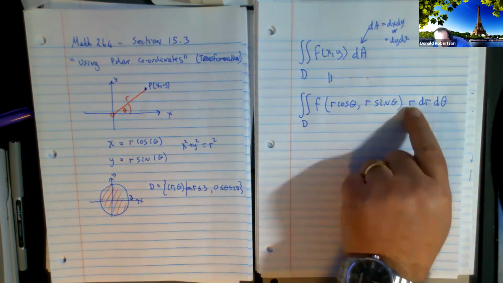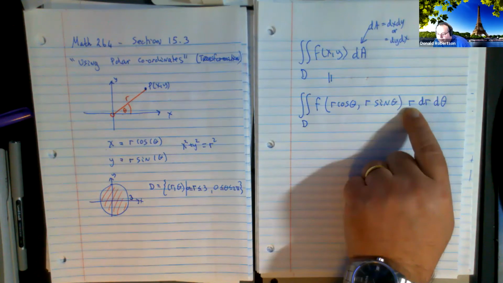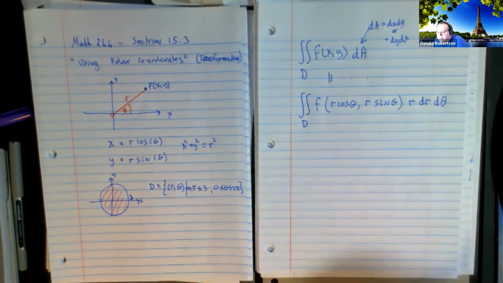Now you might say, where on earth did this extra r come from? Shouldn't it just be dr, d theta? I want you to think a little bit like, can you imagine I did a u sub? And you know when you do u subs, you get extra bits left over. It's the equivalent to that.